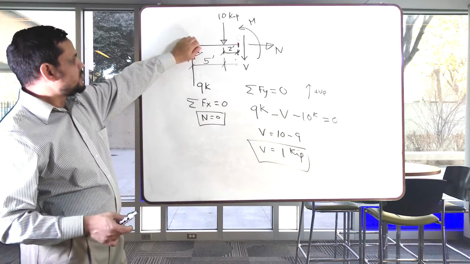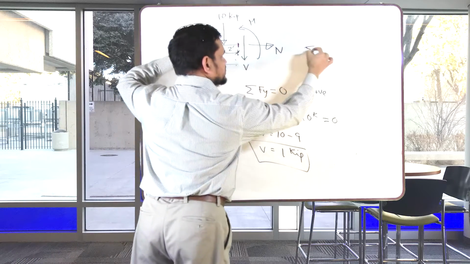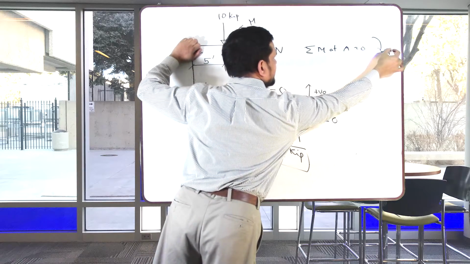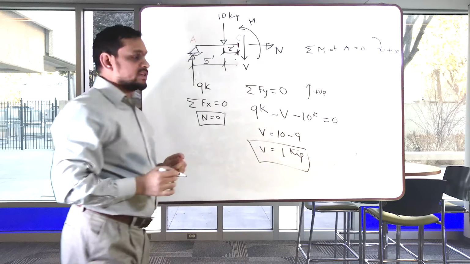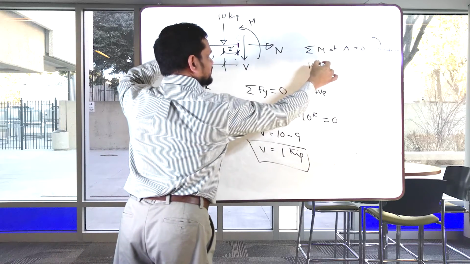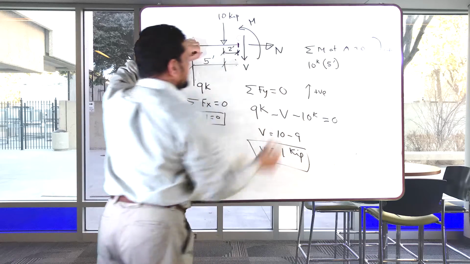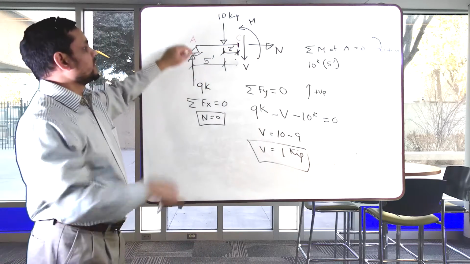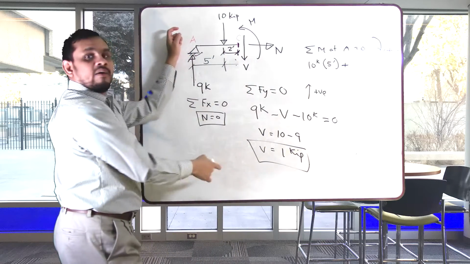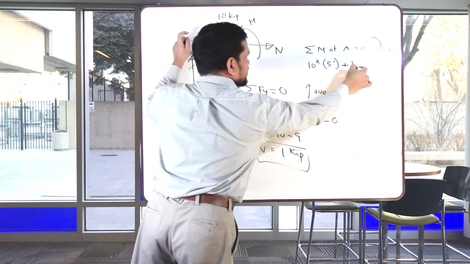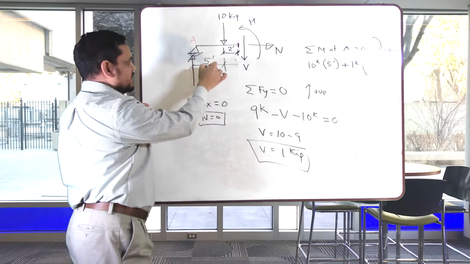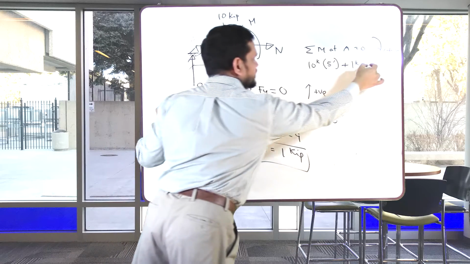Summation of moment at A is 0, say clockwise is positive. First force 10, distance 5 feet. Next force V. What is the value of V? Now I know it, 1 kg, distance 5 plus 2, 7.